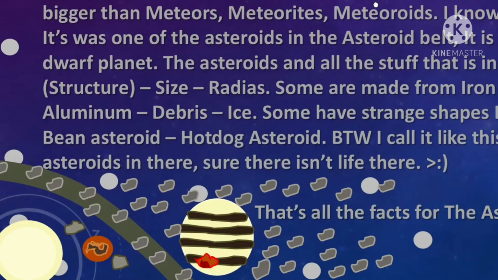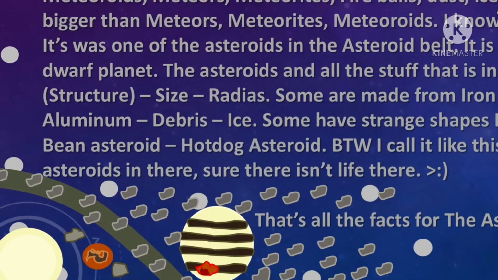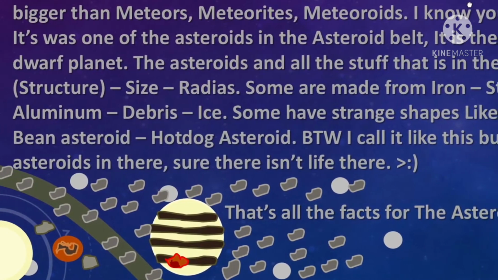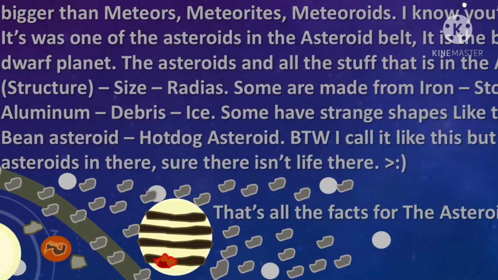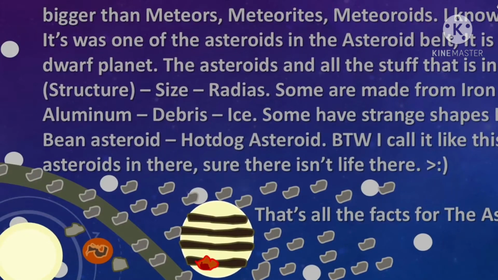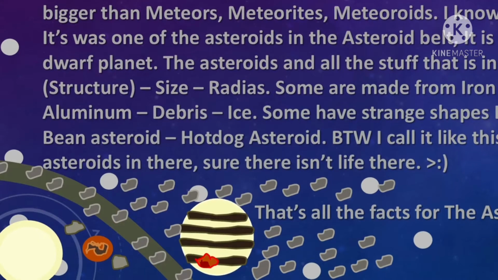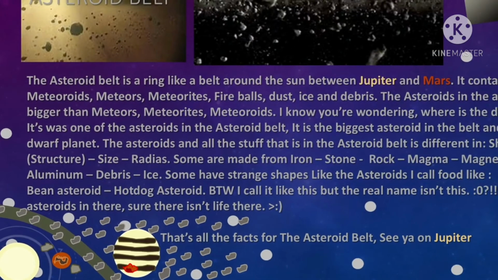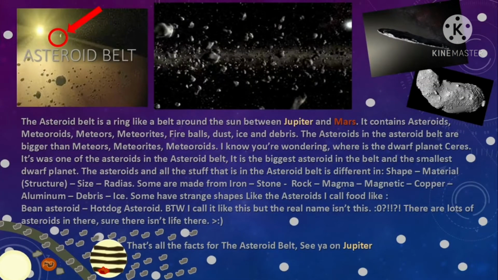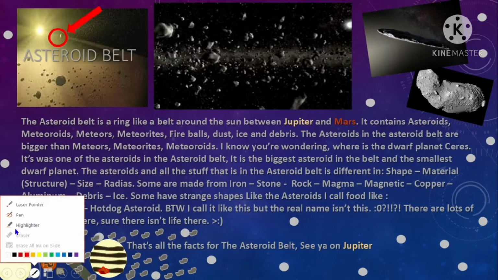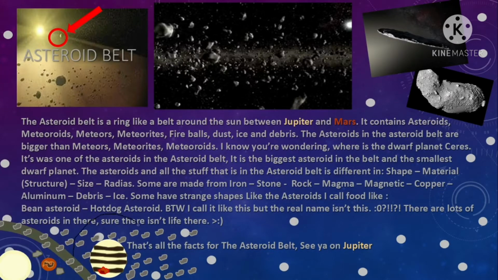Jupiter also has rings like Uranus, Saturn and Neptune, but they are invisible. The rings are like the asteroid belt, but they go around Jupiter. I will draw them now. The rings are like this, but they are invisible, so I'm going to erase them.